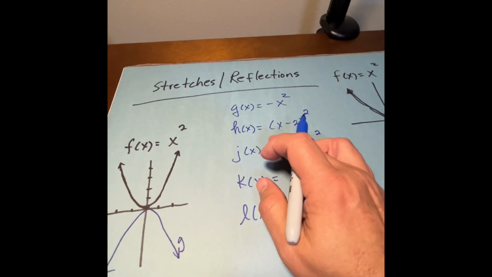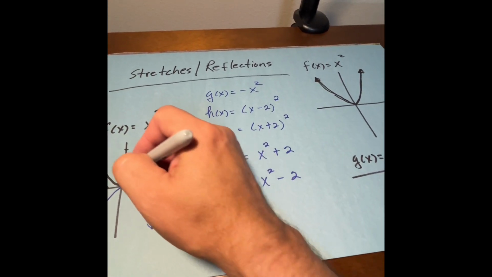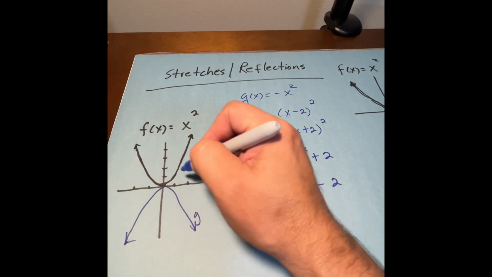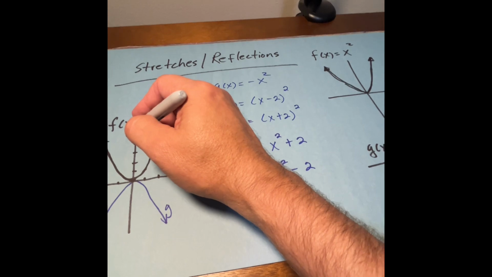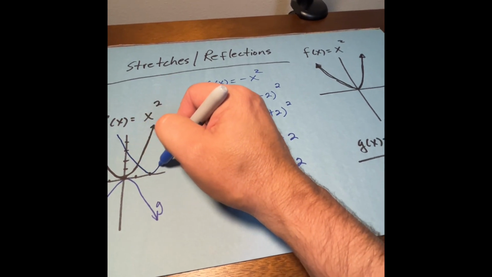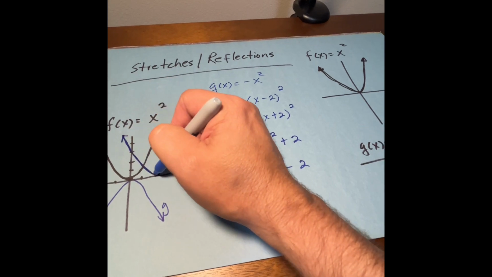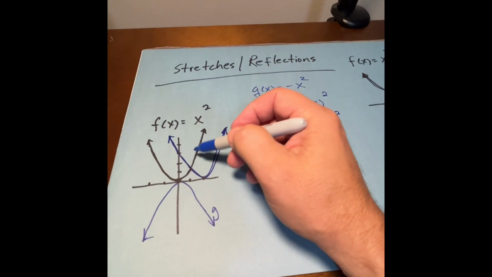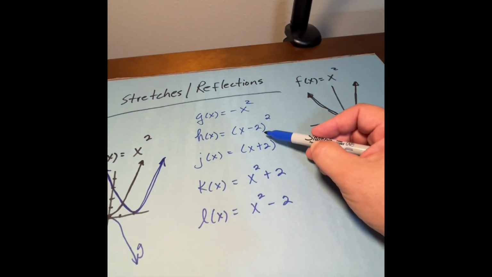H of x equals x minus 2. The minus 2 in the parentheses means this function is going to be shifted 2 places to the right. So it's going to be the same size and the same shape as the black one, but just shifted over 2 to the right because it's x minus 2.